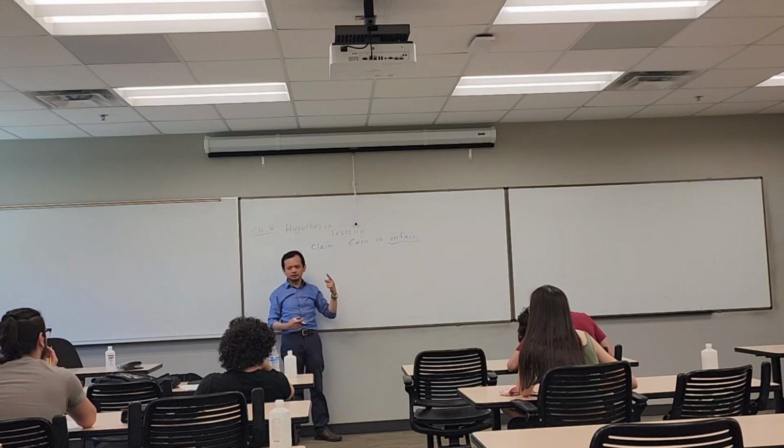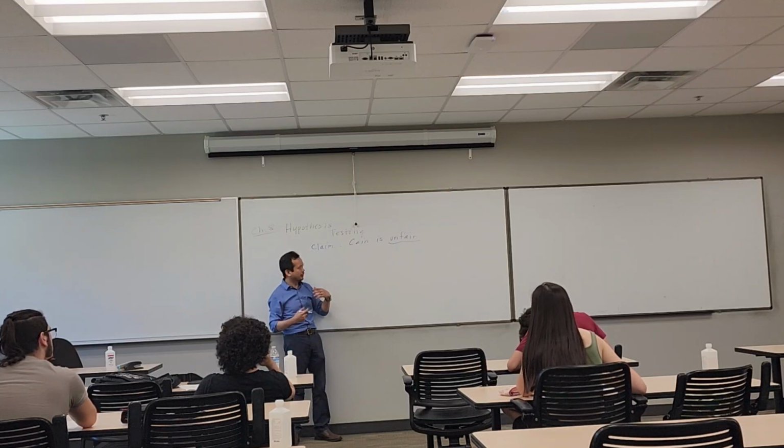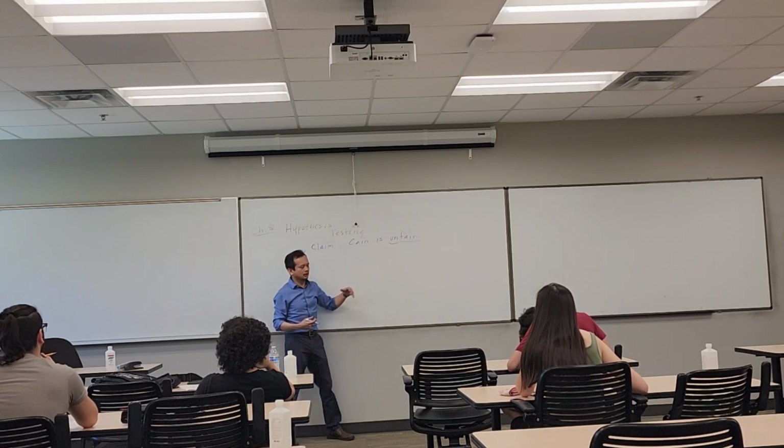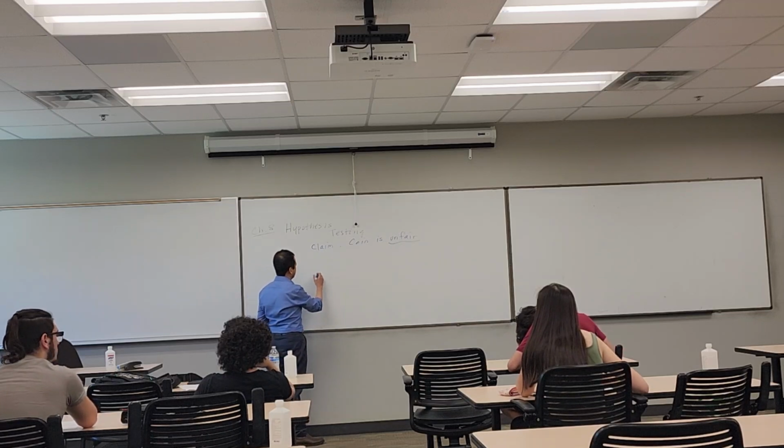Then how do you think you could go about trying to answer this question about whether this coin in your hand is fair or unfair? Flip a sample number of times. Yeah, very good. So flip it a much smaller number of times, or a sample number of times, to find out this population conclusion.